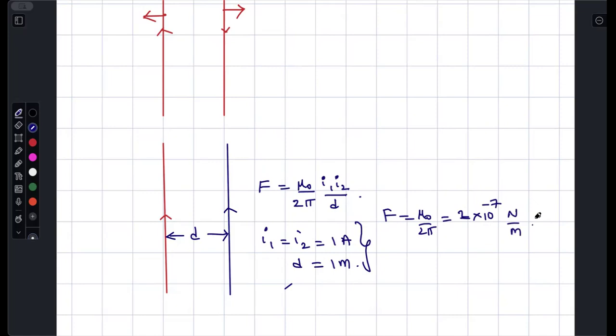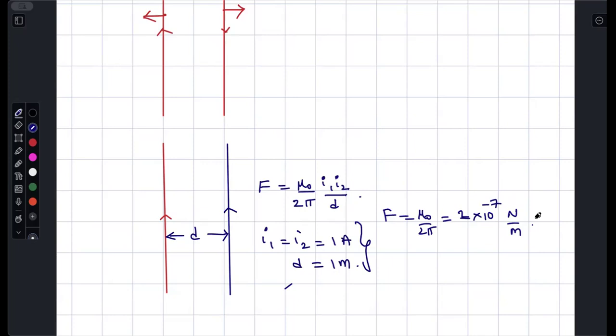Don't forget, it is not force. It is force per unit length. Okay. So what is 1 ampere? If two current carrying conductors separated by a distance of 1 meter, carrying identical currents, experience an attraction force of 2 into 10 power minus 7 Newton per meter, then the current in each conductor is 1 ampere.